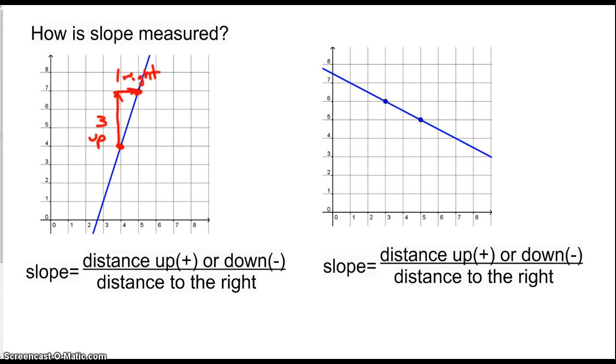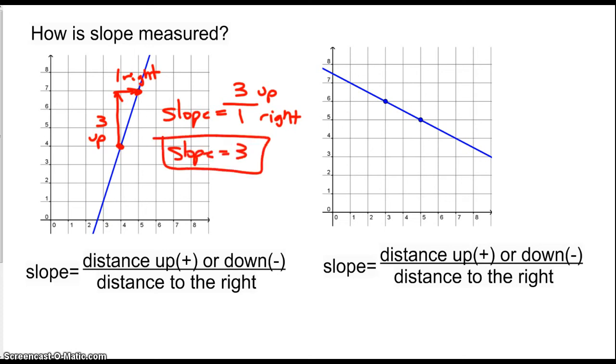That means the slope of this line is 3 units up divided by 1 unit to the right. The top number is how far up or down I go, and the bottom number is how far to the right I go. So 3 units up for every 1 unit to the right. Okay, so we would say the slope of this line is 3 over 1, or you could even simplify it to just, the slope is 3.